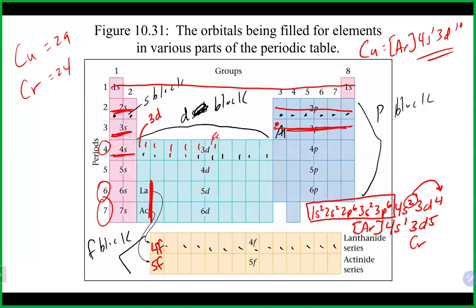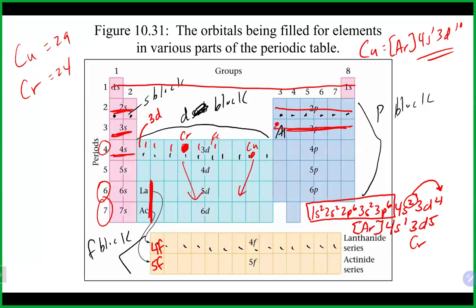Other question? All right. The other thing we also talked about, and you're not going to be responsible for it in this class, is that this is where chromium is, and then copper is right around here. If you go down and in below those two on the periodic table, there are a number of those types of exceptions that do occur.